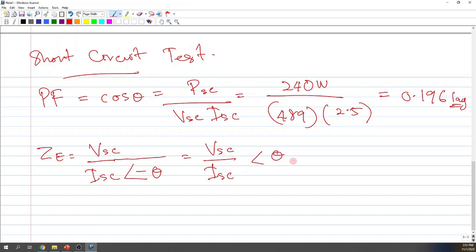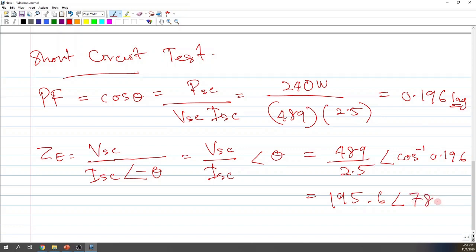Okay, dia jadi theta je. So dekat sini, value VSC adalah 489 divide by 2.5, angle cos inverse of 0.196, equal to 195.6. The angle is 78.7 lah.